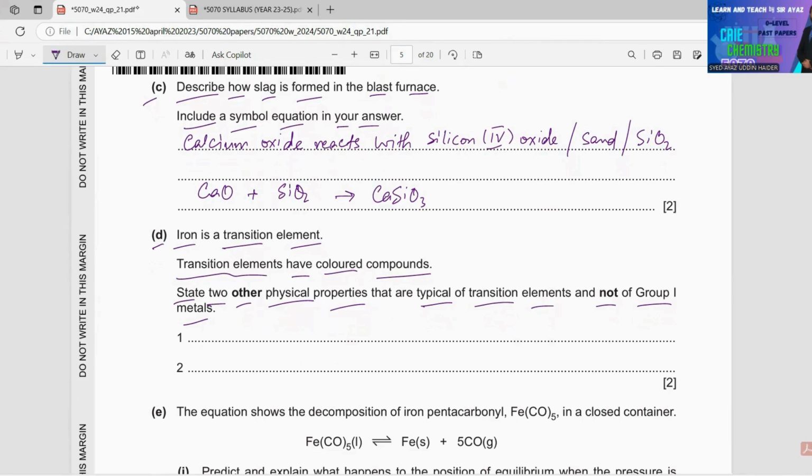Transition elements are hard. So you can write any two from: hard, or high melting point. Transition elements have high melting points. High density.